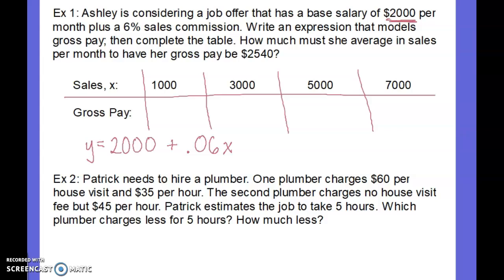So plugging 1,000 in for x, her gross pay is $2,060. Now she wants to see how much money she'll earn if she sells 3,000.